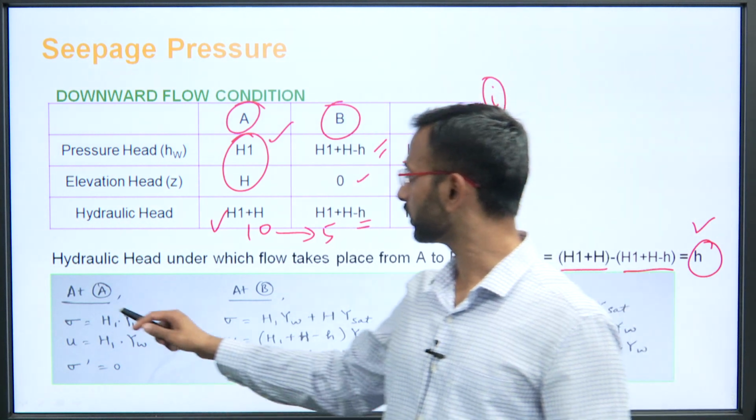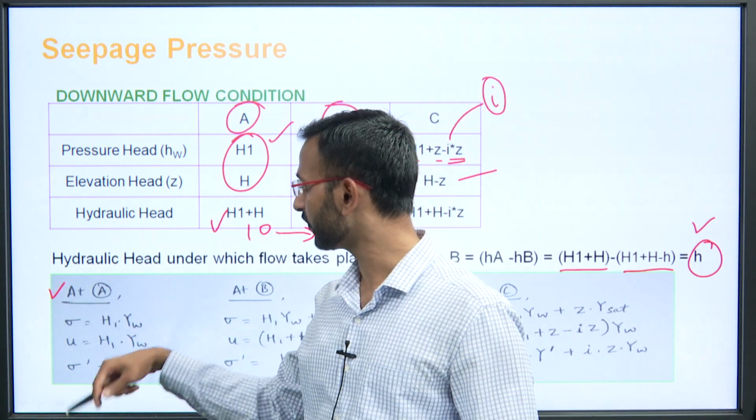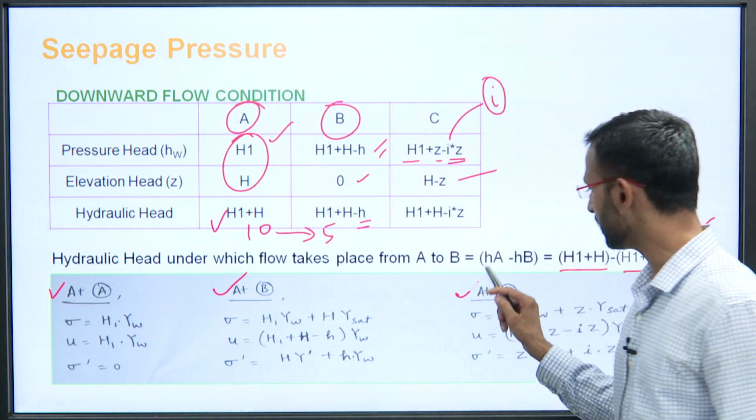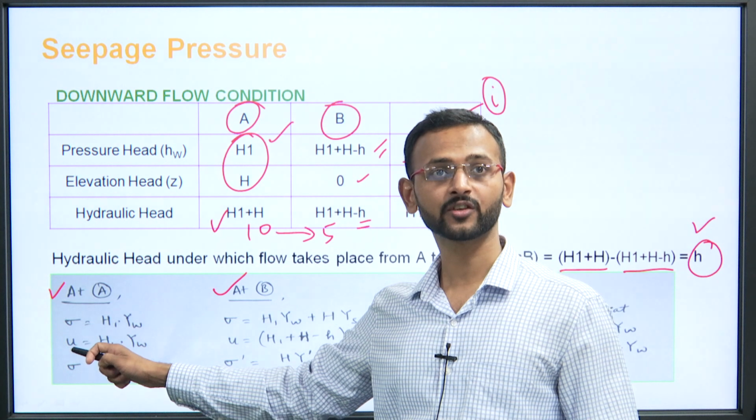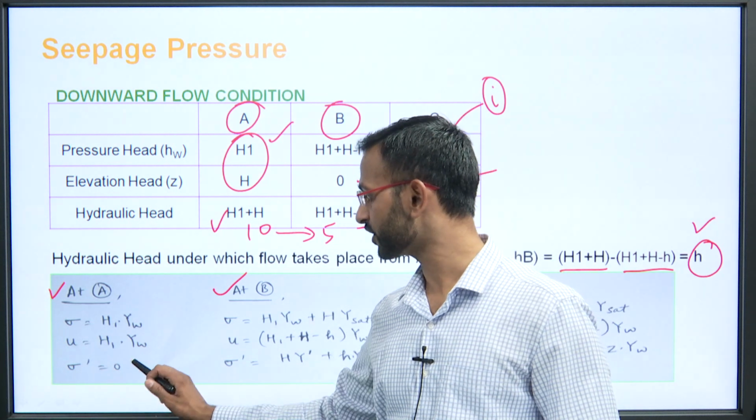Now, if we talk about the different points A, B and C, we easily note down the total stress value, the effective stress value and the pore water pressure value.